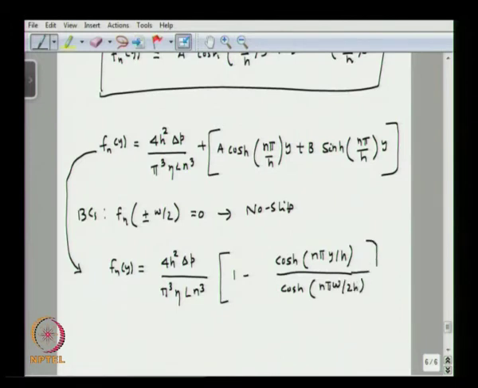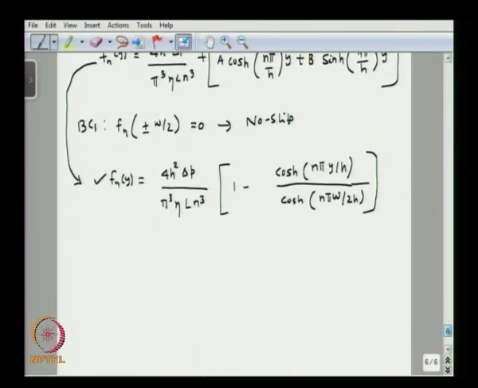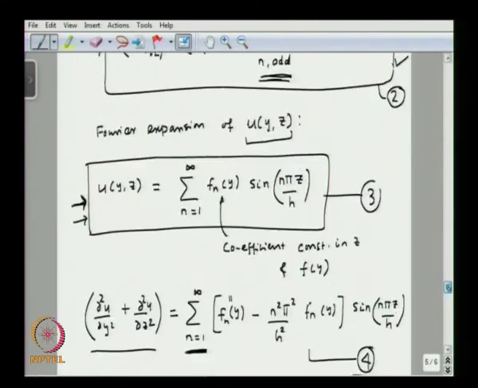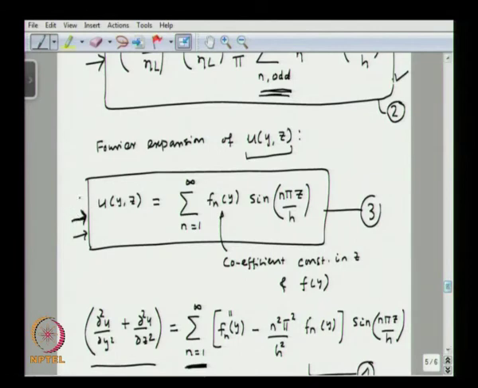Okay. So, that is how we can write for f n y. Now, if you substitute this in our velocity profile, so u y z can be written as, so we have written here.